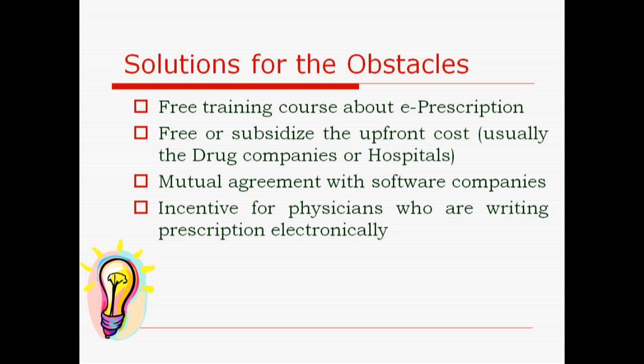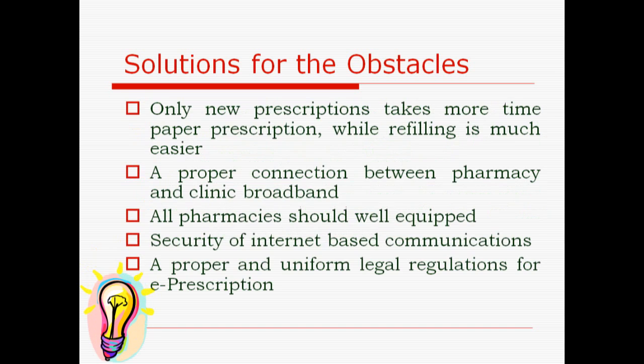And the fourth part is incentives for physicians who are writing prescription electronic. If we provide extra benefit to them if they are writing the prescriptions electronically, so that providing of incentives can be a promotion factor for electronic prescriptions. Only new prescription takes more time.